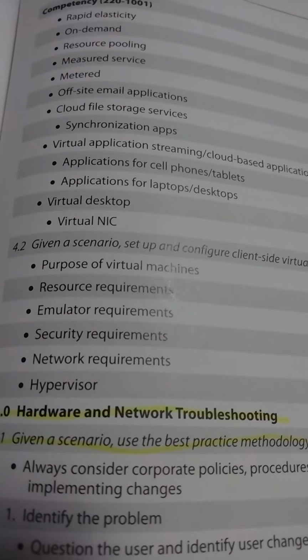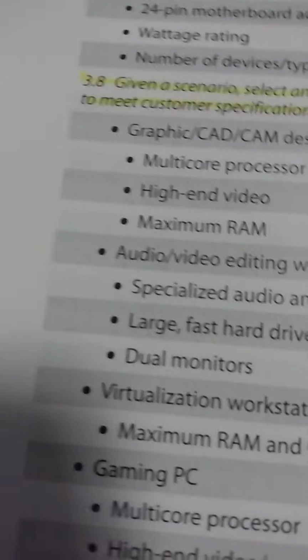Some of the people post what they missed, others don't. Some that I've seen post where they missed and still passed were the scenario questions. So I don't know how much the point system works with the scenarios. Here's some more, 3.8 right here, and this is chapter 11.